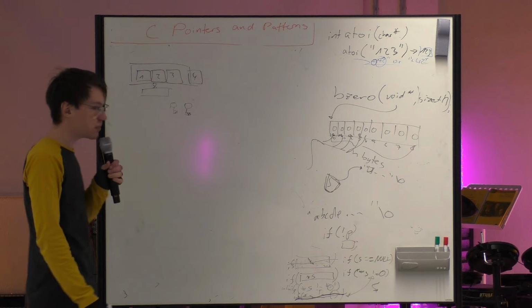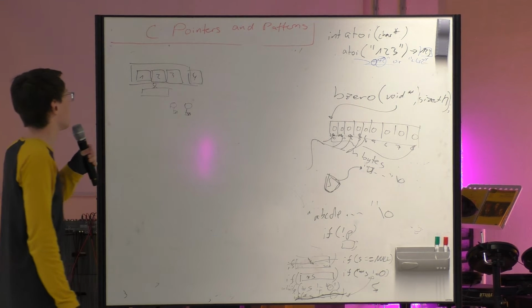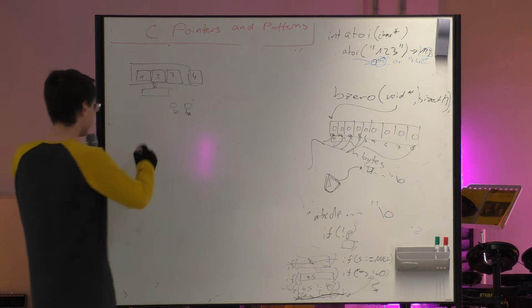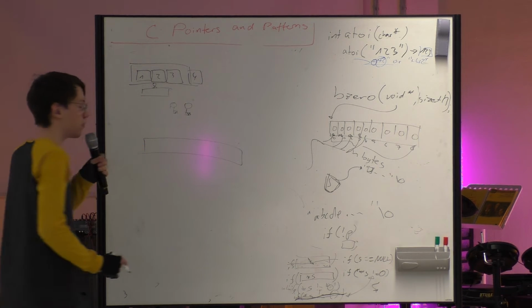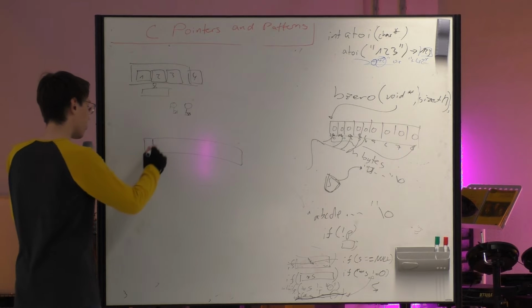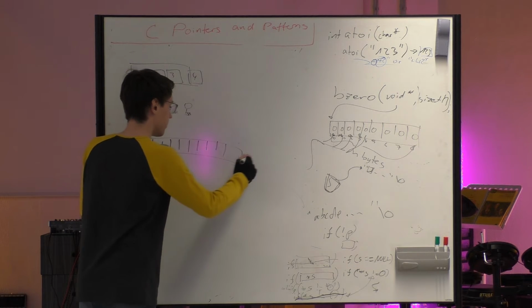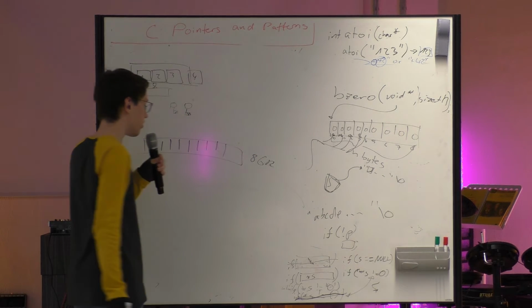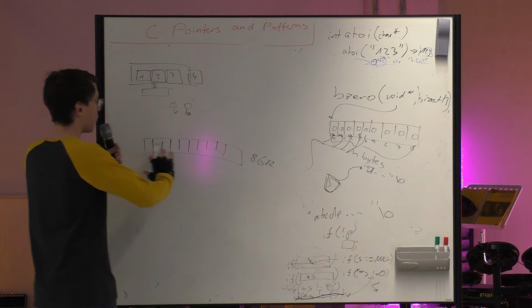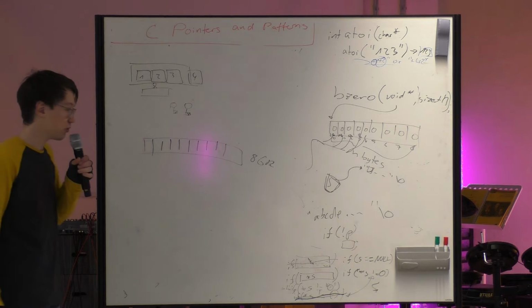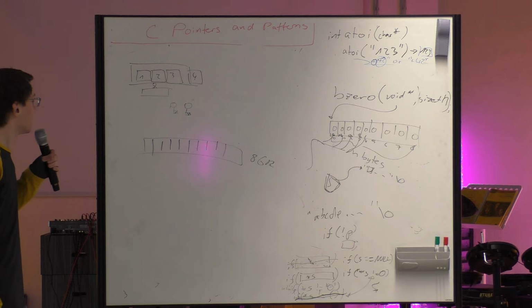What I just described is a memory model, which is the model or the idea of how the computer organizes memory. So when you have, for example, 8 gigabytes of memory in your computer, you might have a hotel with 8 billion rooms, which is a lot to maintain.